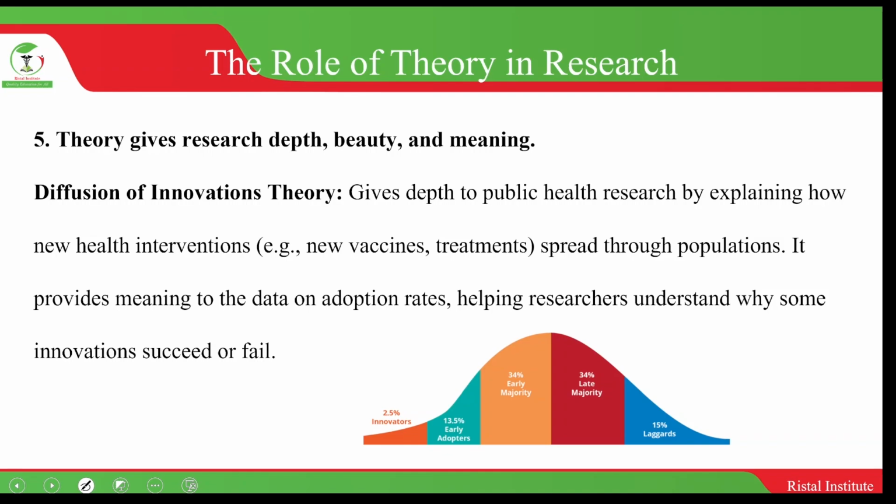Another example is if you want to conduct research to explain the rate at which people adopt particular products or services, you can use what we call the diffusion of innovations theory. And this one is cross-cutting.